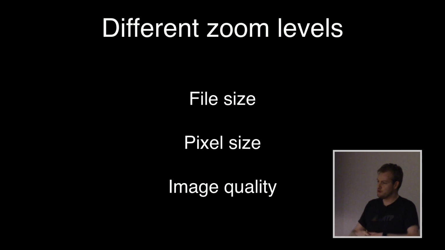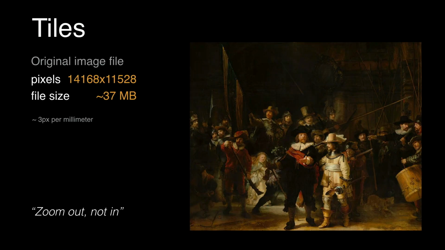We also don't want to have too big of images because that wouldn't fit on low-end devices, and also it's not really useful to have very big images if you're only displaying a small part of it. But also we want good image quality, so we can't simply have a very small image with small pixels, because then the image quality would be bad. So to solve that, we have tiling.